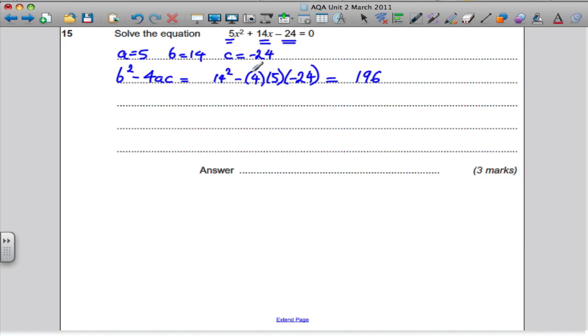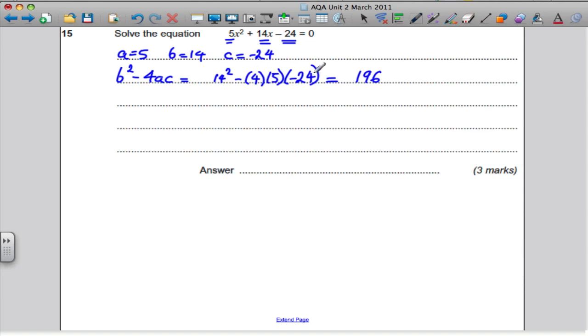Then we've got minus 4 times 5 times 24. Well, why don't we just be careful how we do it? Why don't we do the 5 times 24? 5 times 20 is 100, 5 times 4 is 20, so 5 times minus 24 is minus 120.